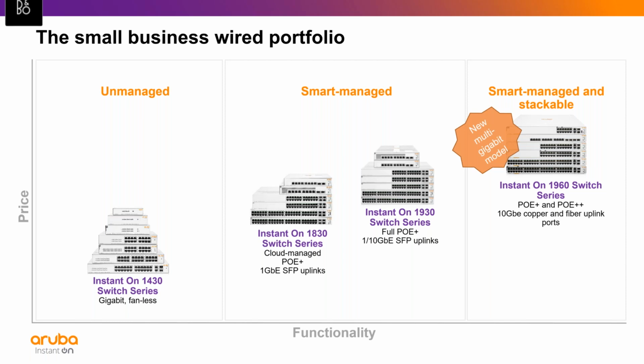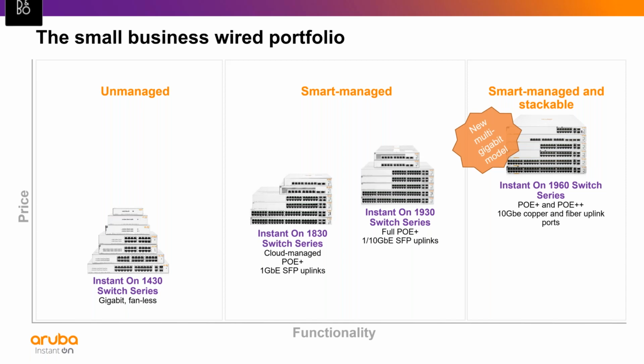They have full support of PoE across any port that you plug into, and then there are uplinks of 1 gig or 10 gig SFP plus uplinks as well. There are multiple options within the 1930 family, and these also have layer 3 capability in addition to the basic features that you get with the 1830. There's some additional security features as well as they'll do basic static routing.